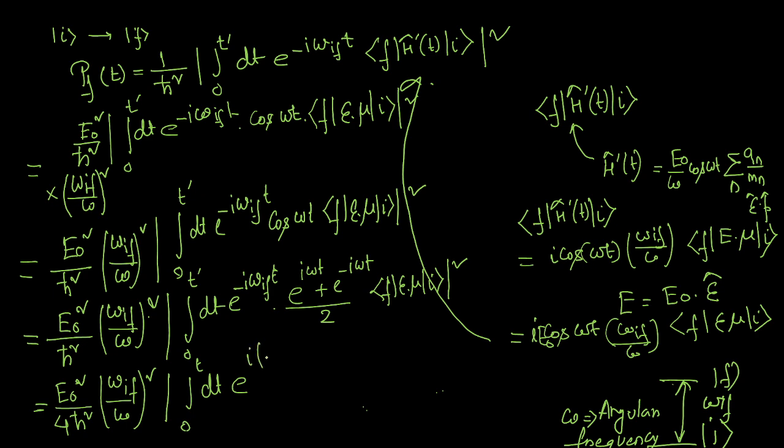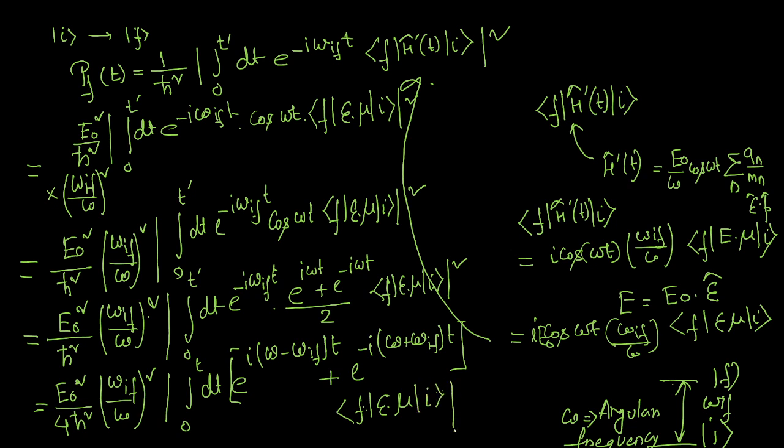I omega minus omega IF t plus e t into this is the second expression.